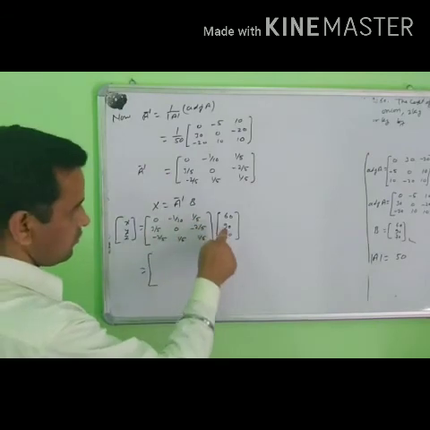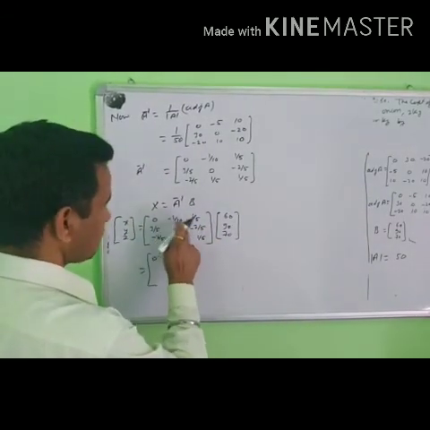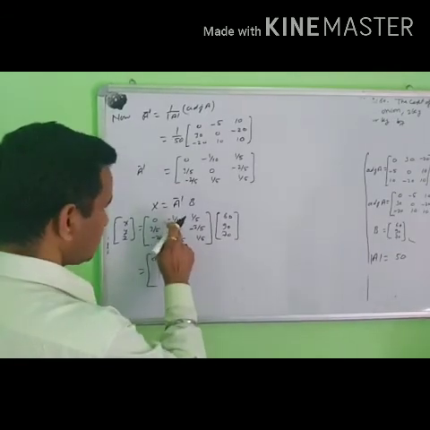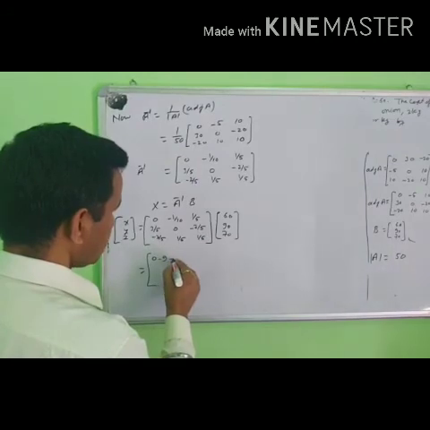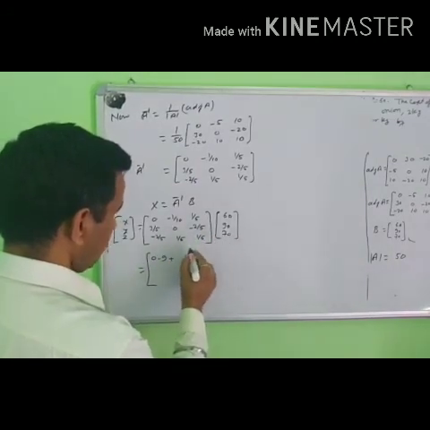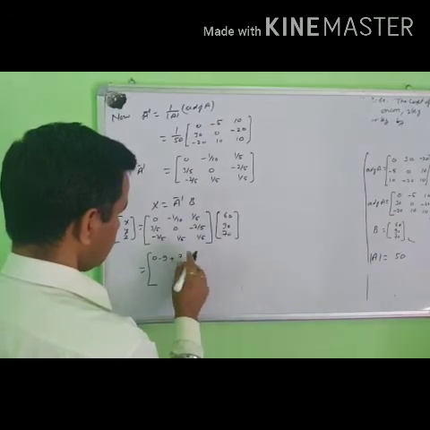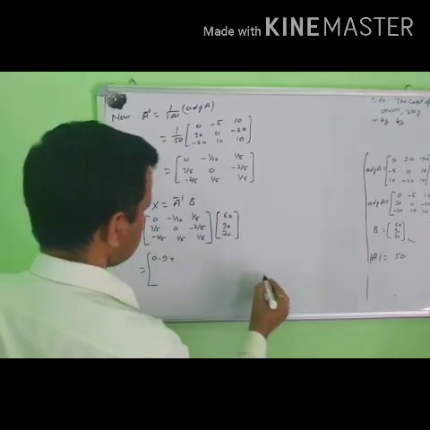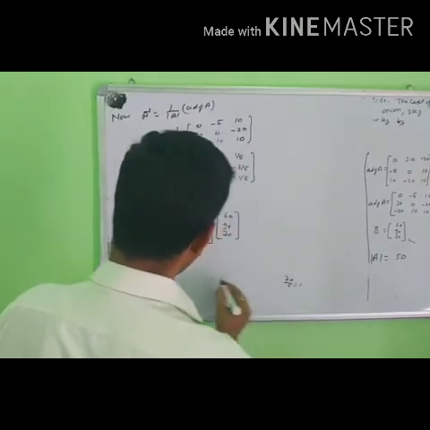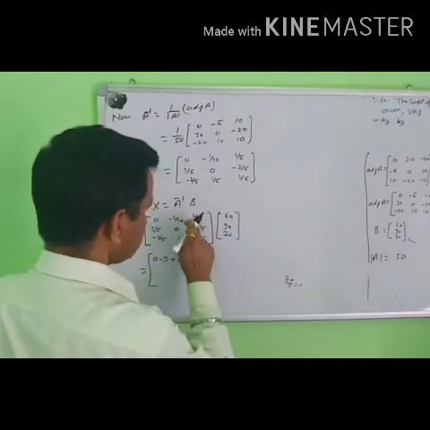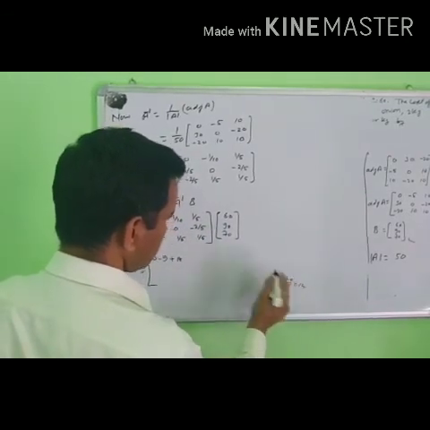This is the final step. First row, first column: 0 times 60 is 0, minus 1 by 10 times 90 is minus 9, and plus 1 by 5 times 70 is plus 14. So minus 9 plus 14 gives 5.